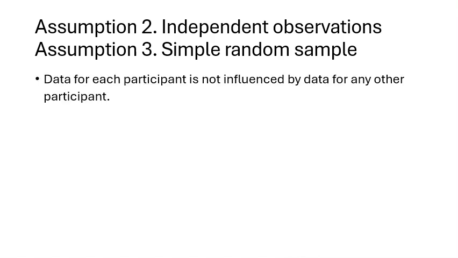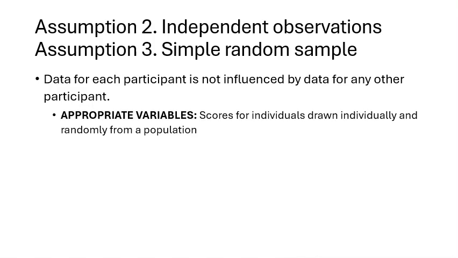So assumptions 2 and 3 relate to independent observations and the assumption that we have gotten our sample through a simple random selection process. So what do we mean by independent observations? Data for each participant is not influenced by data for any other participant.